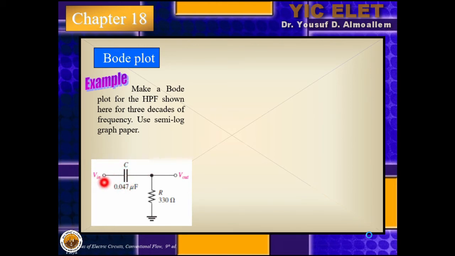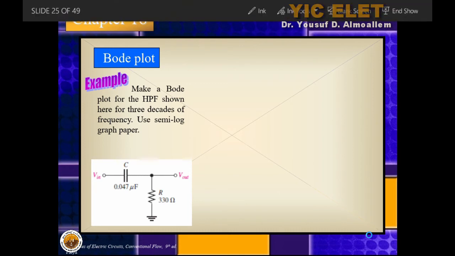So this will transfer to here. And when we talk about high frequency going to infinity, it means that it is a high pass filter. So this is the definition of a high pass filter.